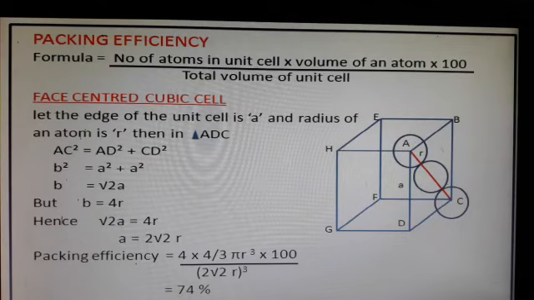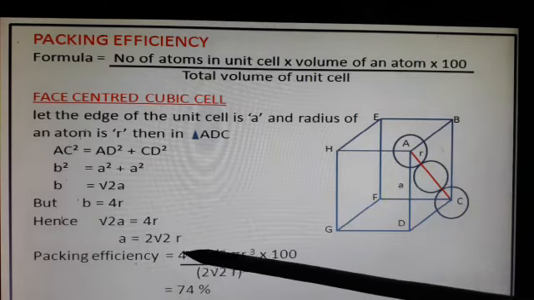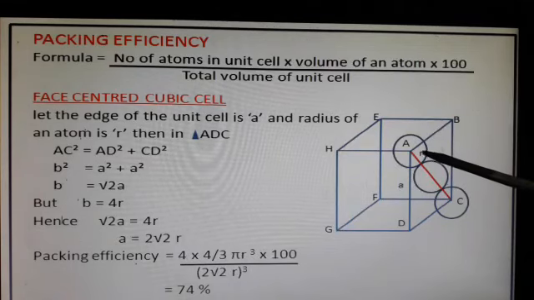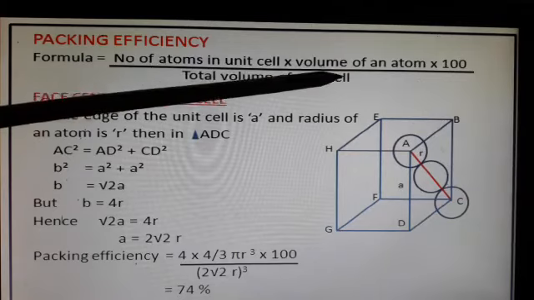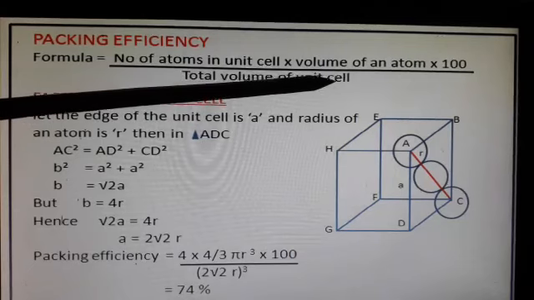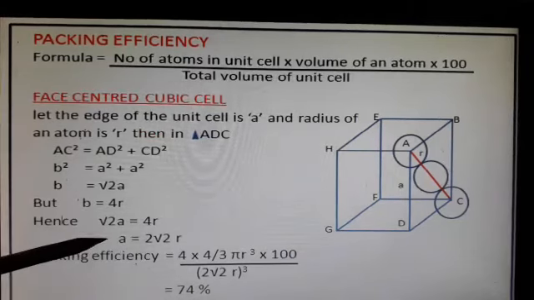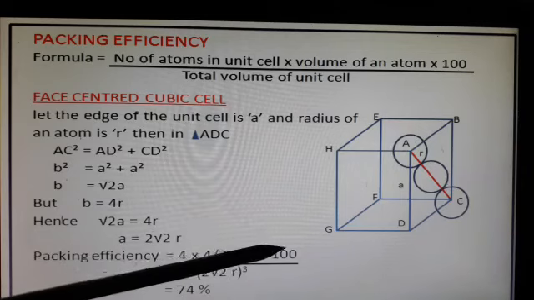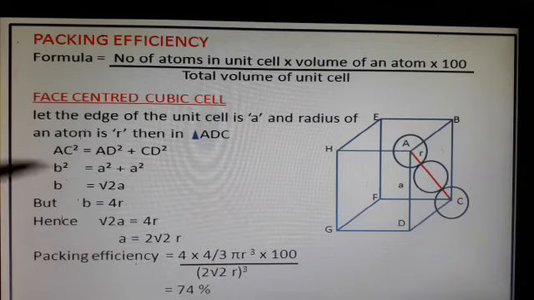So the total number of atoms in unit cell is 4, into volume of an atom, radius of atom is R. So the volume will be 4 by 3 pi r cube into 100 divided by total volume of unit cell. Volume of unit cell is A cube, and A is equal to 2 under root 2R. So the volume of unit cell will be (2 under root 2R) cube. If you solve this, you will find 74%.